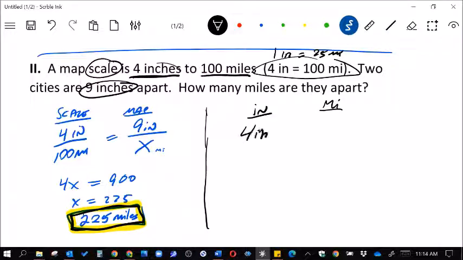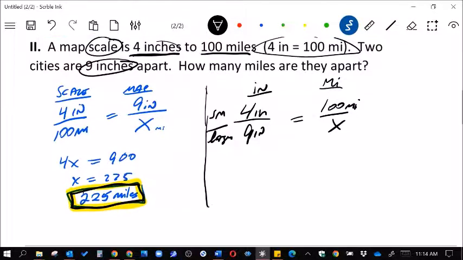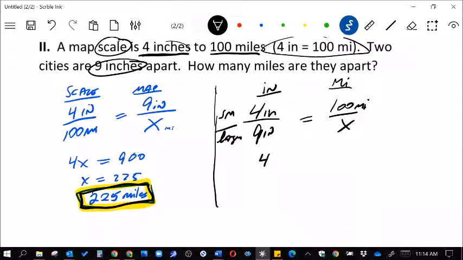So if I put 4 inches here, I have to make sure when I set up the proportion that the number of miles that goes with it is over here. So in other words, this is the smaller and this is the larger. 9 inches, and we don't know how many yet if we hadn't done the first one. Now we do the same exact kind of cross multiplying. Guess what? We get the same answer.